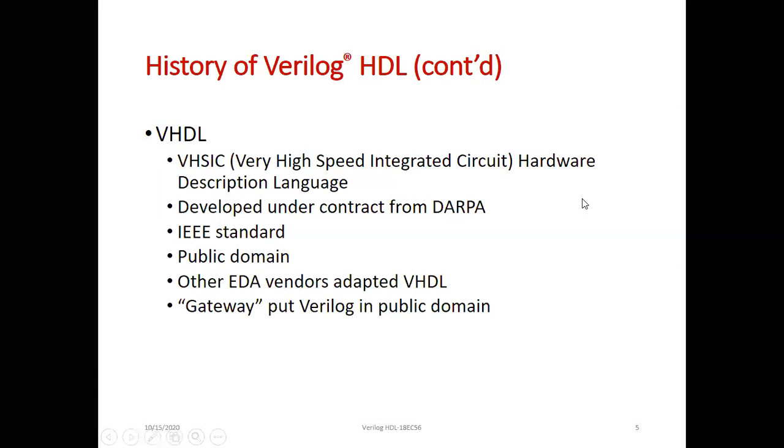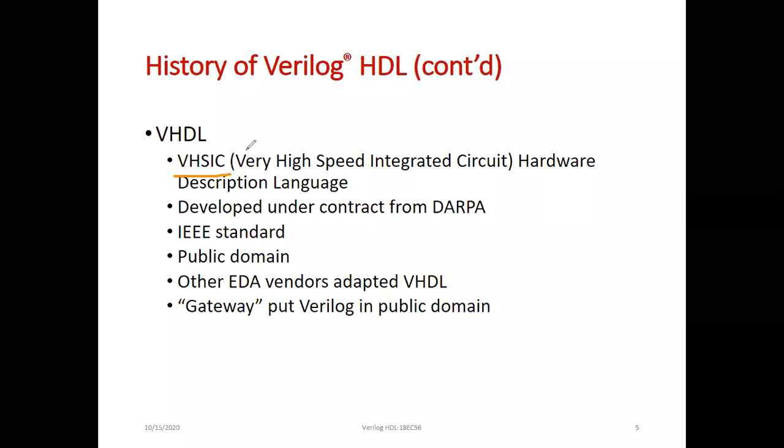Next, the history of Verilog we continue with. As I said, we have two different types of HDL language. One is Verilog HDL. The second one is VHDL. Already we said VHDL is one more language. The expansion is VHSIC, that is VHSIC Hardware Description Language.